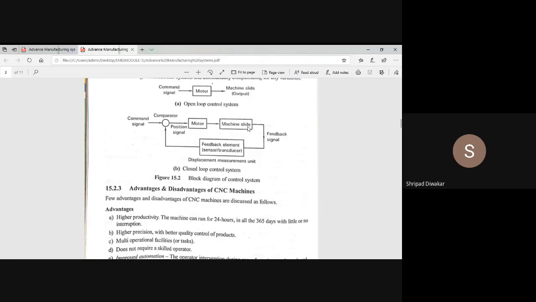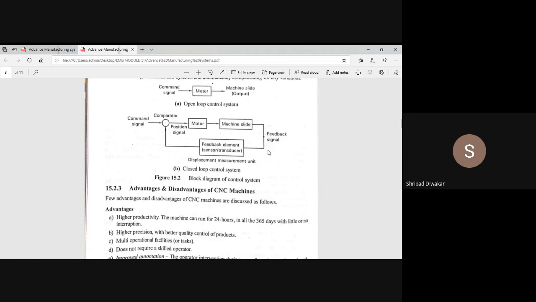The machine sends all the feedback signals to the feedback element. This feedback element in turn transfers the feedback signal received from the machine to the input. The input rectifies according to the commands received from the feedback element, and then sends the corrected signals or corrected actions to the controller unit, and then the controller unit sends them to the machine slide.